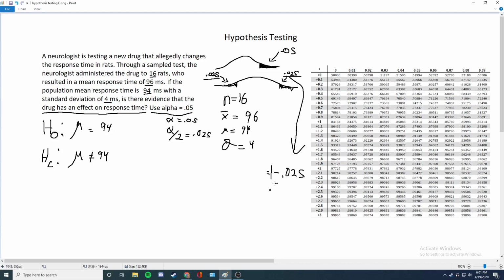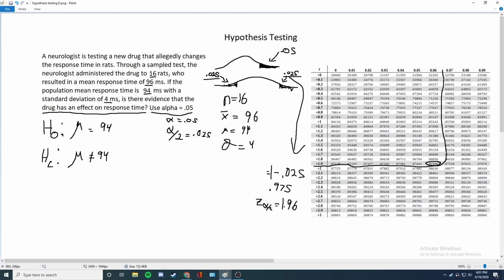So this will be 0.975. So we're going to be looking for 0.975 on the table here, which comes up right here, 0.975, which is 1.96. So our z of alpha divided by 2 is 1.96.